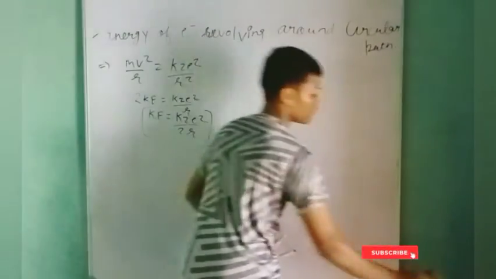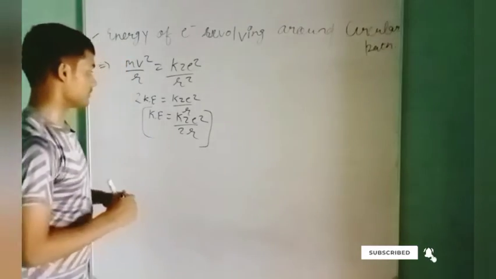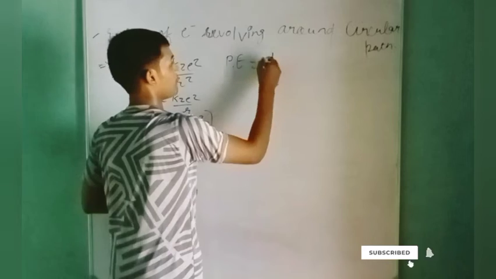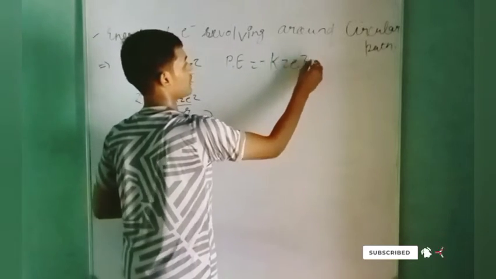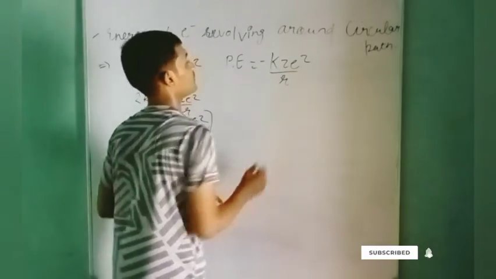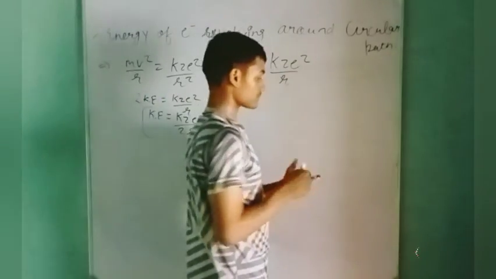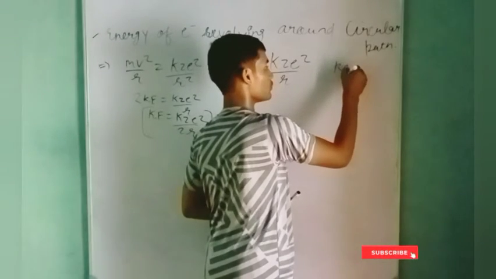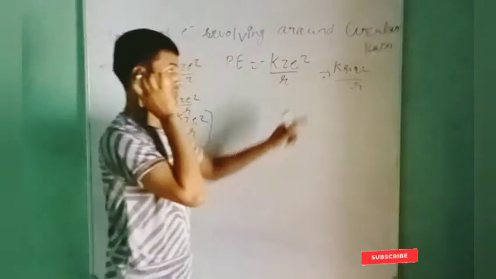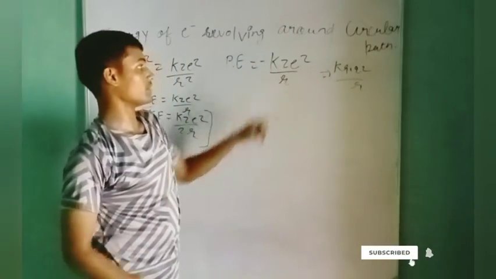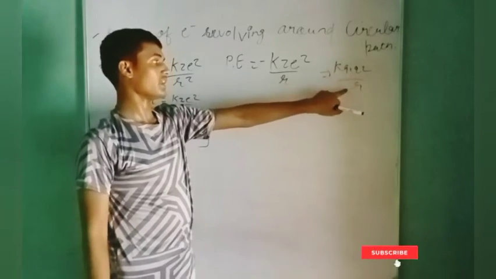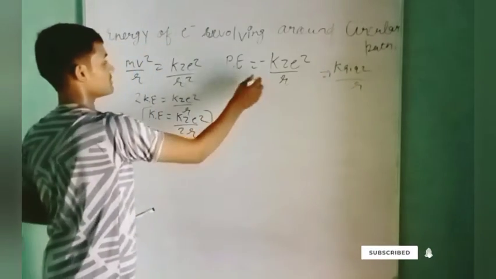So now the potential energy is minus kZe square upon r, because we know that k q1 q2 upon r, the formula comes from chapter one. The charge of the proton is Ze and the charge of the electron is minus e, and r is the radius. So that is kinetic and potential.